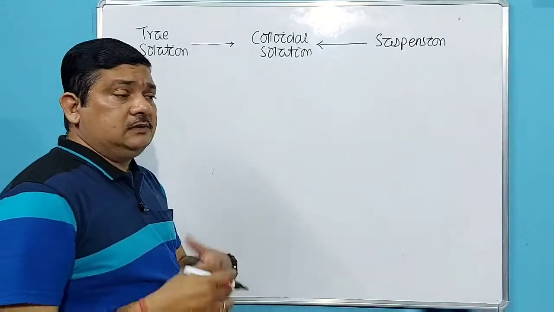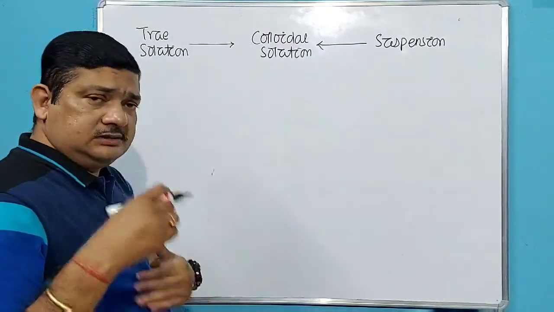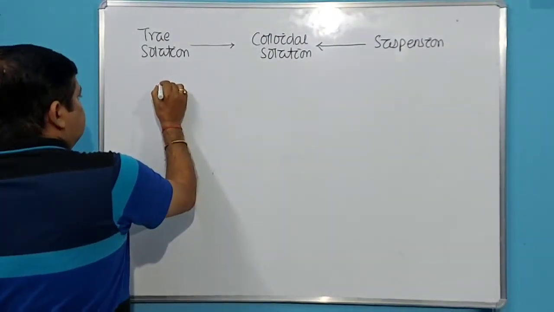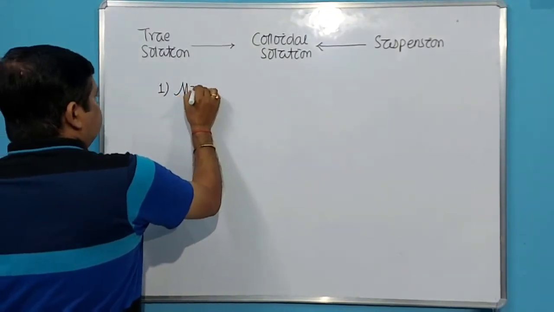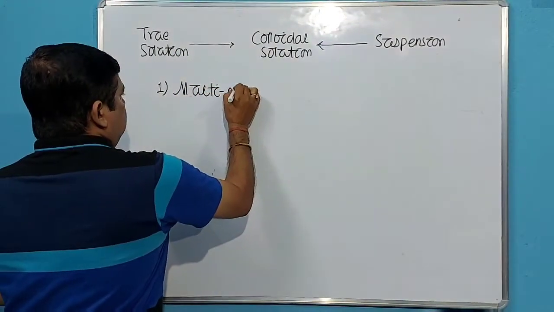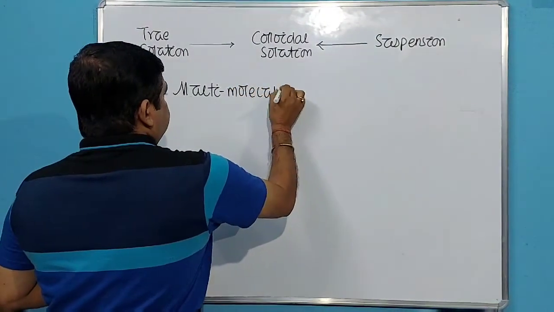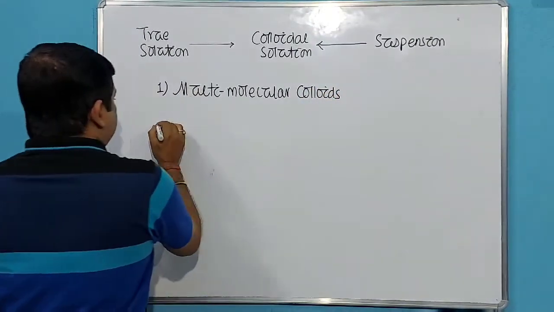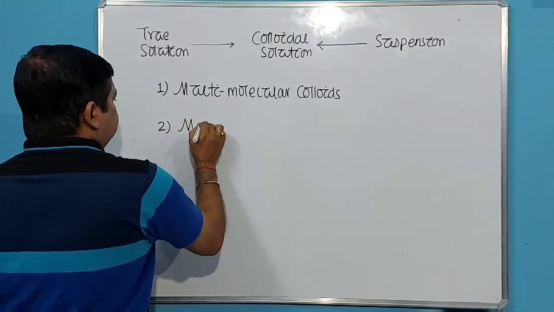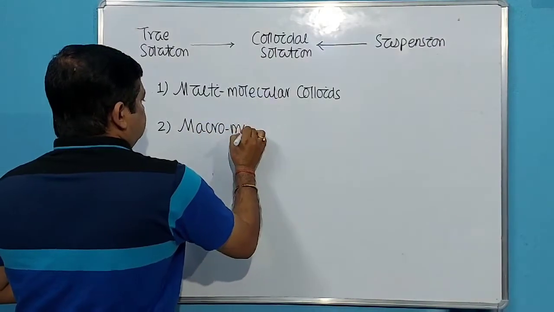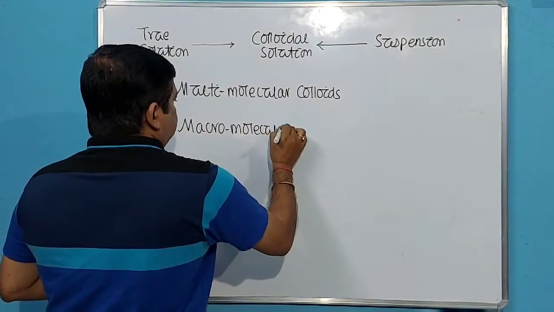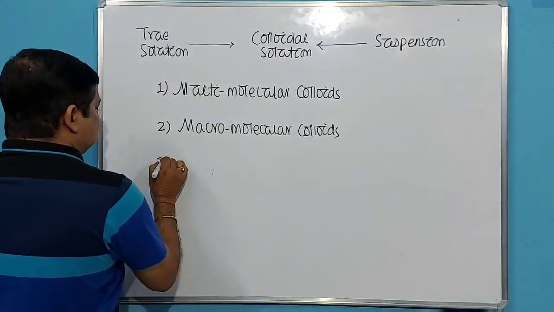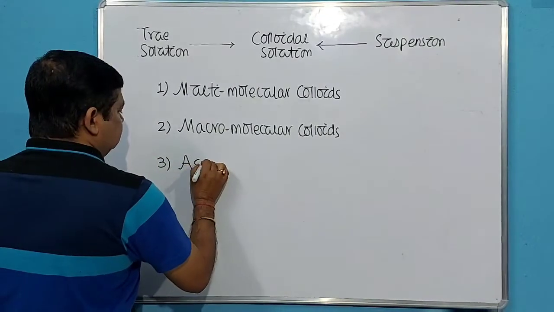Then based on molecular size, how the colloidal solutions can be prepared. So we'll discuss it in details later on. For the time being, there are three types of colloidal solutions: multimolecular colloids, then macromolecular colloids, then associated colloids.